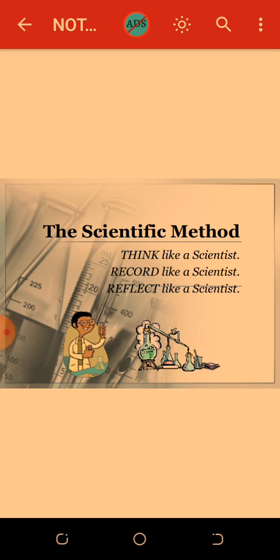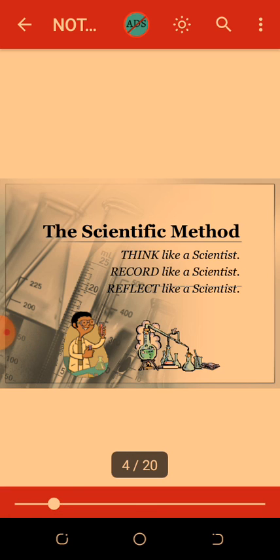Today our topic is the scientific method or biological method. As shown on the screen, think like a scientist, record like a scientist, reflect like a scientist.